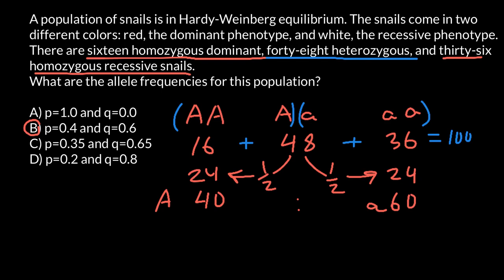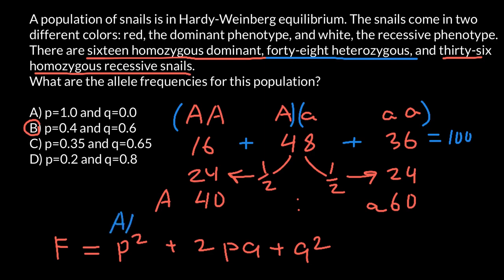We are going to use Hardy-Weinberg equilibrium, where frequency of three genotypes that is made by two alleles, allele P and Q, would equal P squared plus 2PQ plus Q squared. And in this formula, P squared stands for the homozygous dominant genotype, like in our previous example. 2PQ stands for the heterozygous genotype, and Q squared stands for the homozygous recessive genotype.